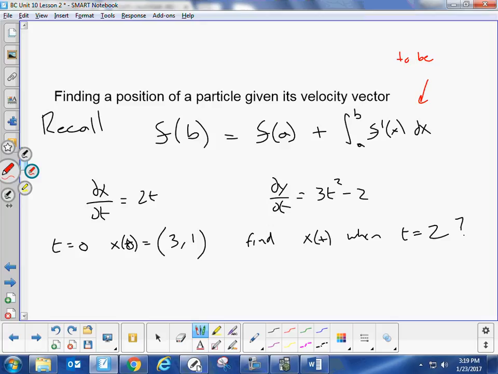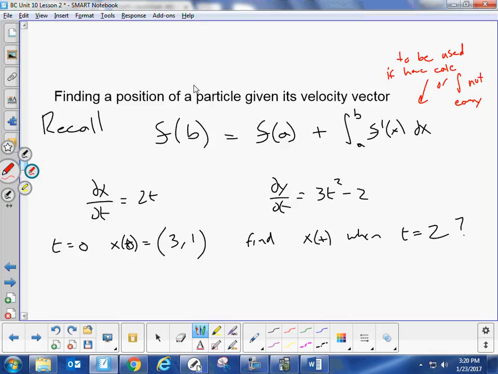Now this is going to be used if our antiderivative is not easily found, or if you have a calculator. For these examples, we could do this without a calculator.